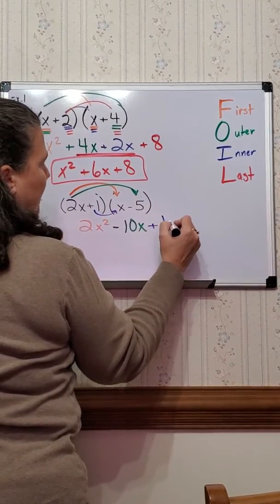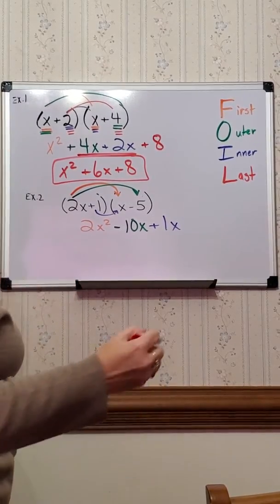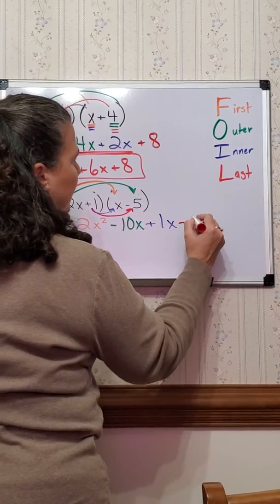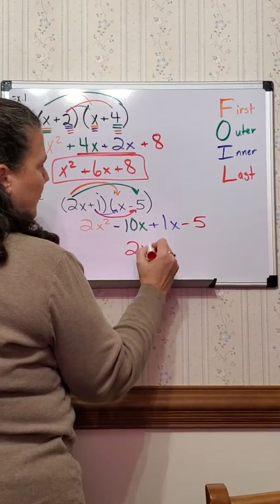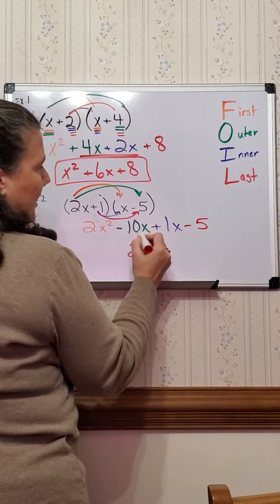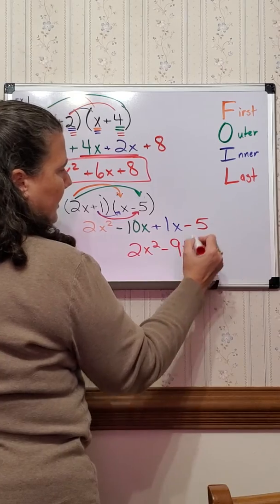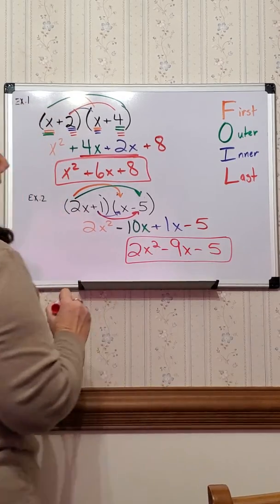So that's plus 1x. And then I'm going to take my last, which is here to here, which is going to give me a negative 5. I'm going to go ahead and combine like terms. I'm going to end up with 2x squared, a negative 10x, and a positive 1x is going to give me a negative 9x minus 5. And that is my answer.